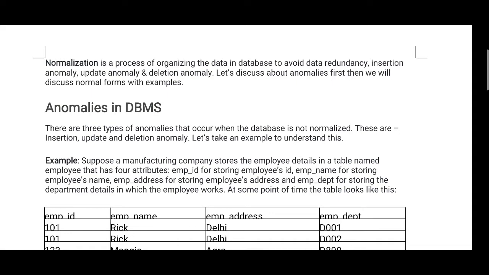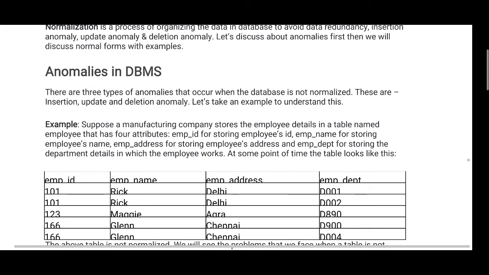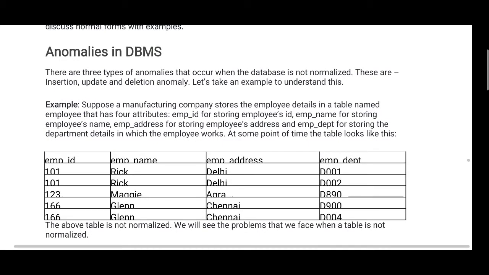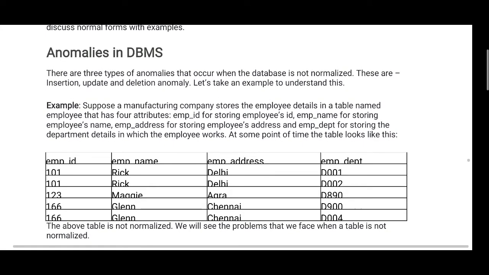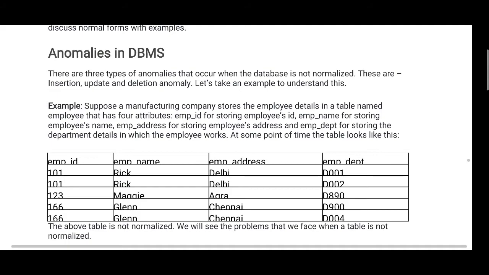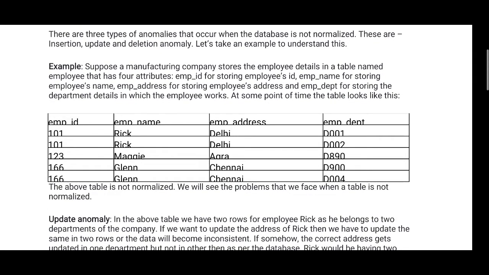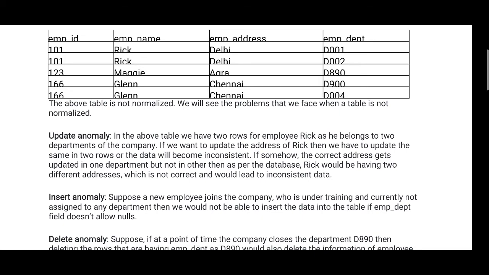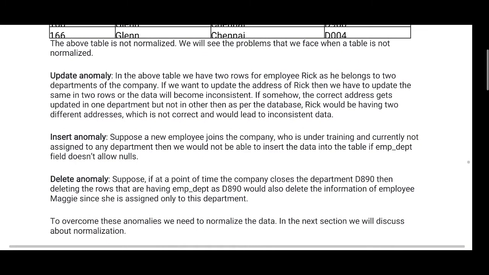Anomalies are three: insertion anomaly, deletion anomaly, and update anomaly. When you want to delete or update or insert, duplicate values occur. When duplicate values occur in the database, the table gives inconsistent data when accessed.